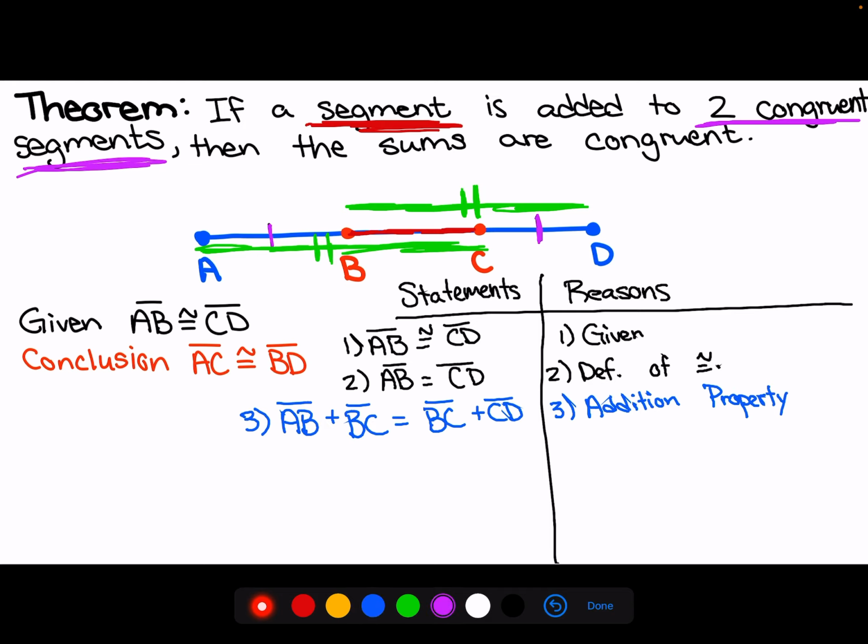Now at this point, if I combine these together, for number 4, I should have AC, that whole segment now, is equal to BD. So they're now equal, and all we did there is we added our segments, so that's the segment addition postulate.